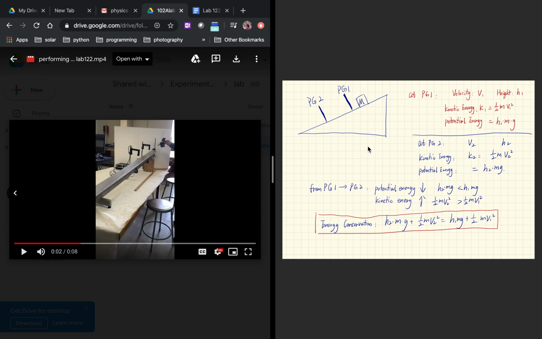This v2 is the velocity when the glider goes through the second flow gate, and this h2 is the height of the glider when it goes through the second flow gate. So flow gate 2 will measure v2, and you can measure h2. So you can calculate the kinetic energy and potential energy when the glider goes through flow gate 2.